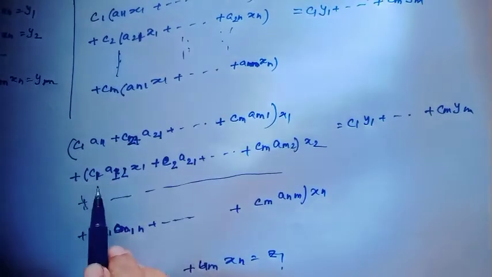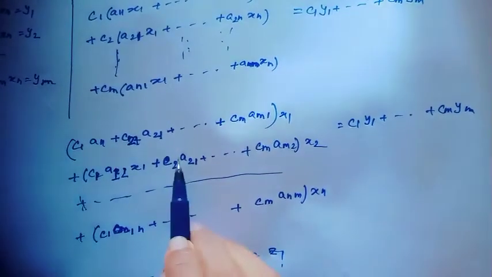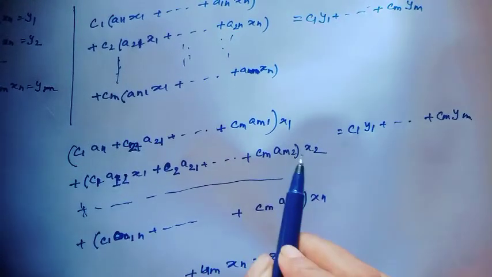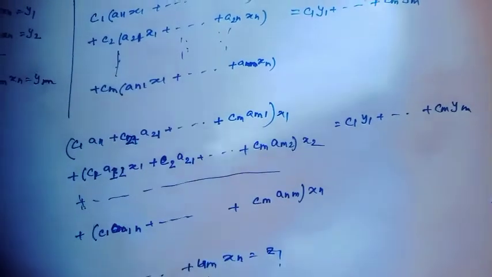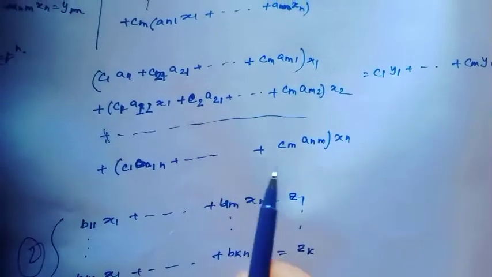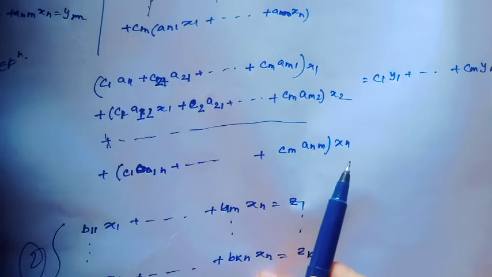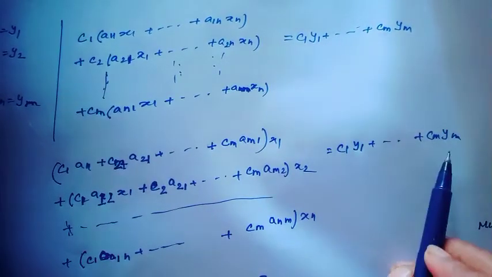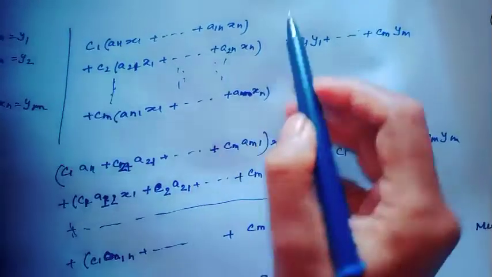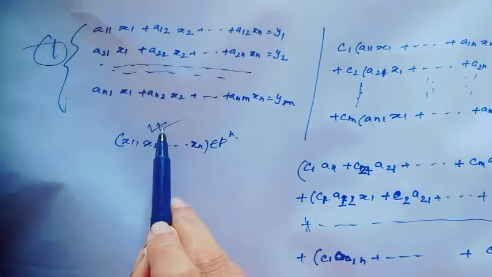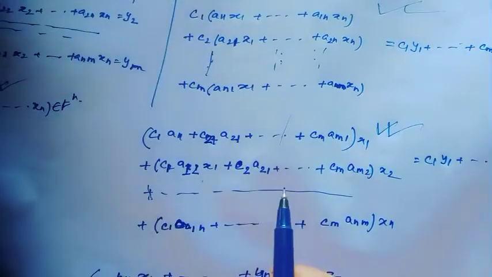Similarly, this would be (C1 A12 plus C2 A22 up to Cm Am2) times X2, and this continues, and the last line would be (C1 A1n up to Cm Amn) Xn equal to C1 Y1 up to Cm Ym. Obviously, a solution of the original equations is also a solution of this linear combination.